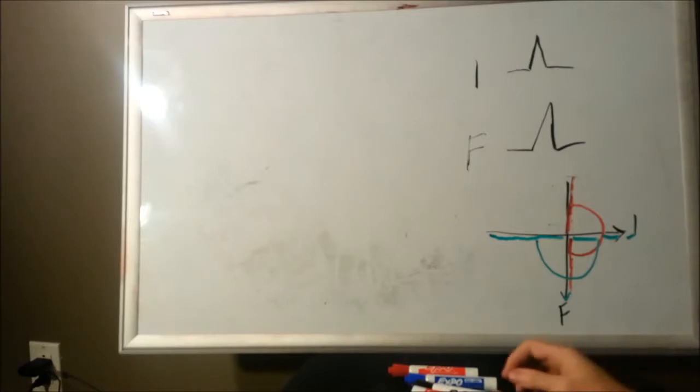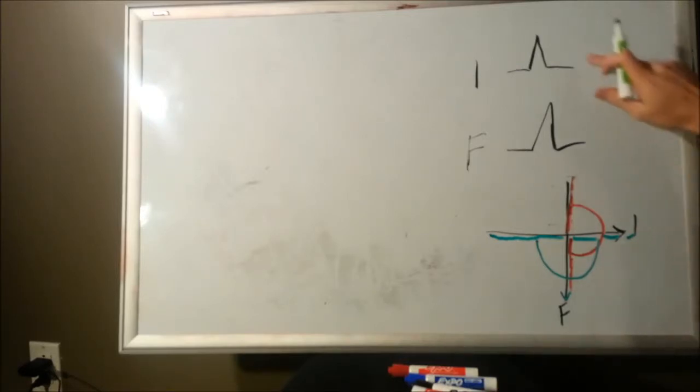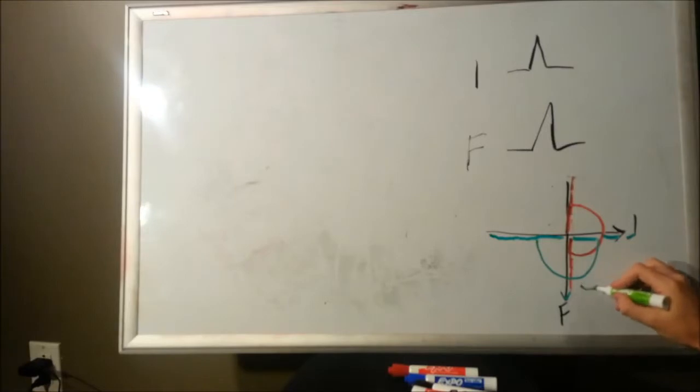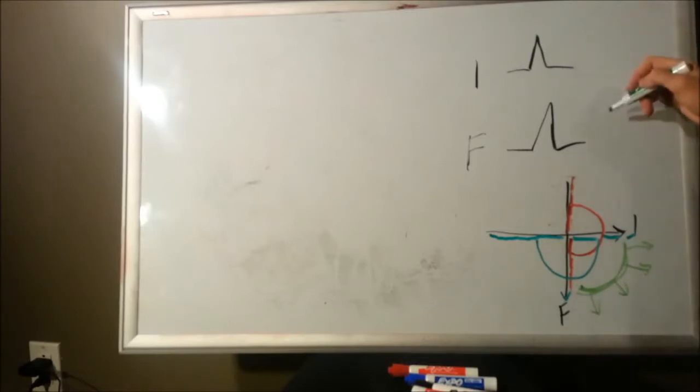Well, where do they match up? If you know that 1 is positive, meaning it's somewhere over here, and F is positive, meaning it's somewhere over here, you have to be somewhere in this quadrant. You know that your vector force lies somewhere over here. But then a good general rule of thumb, if they're equally positive, you just bisect that middle.